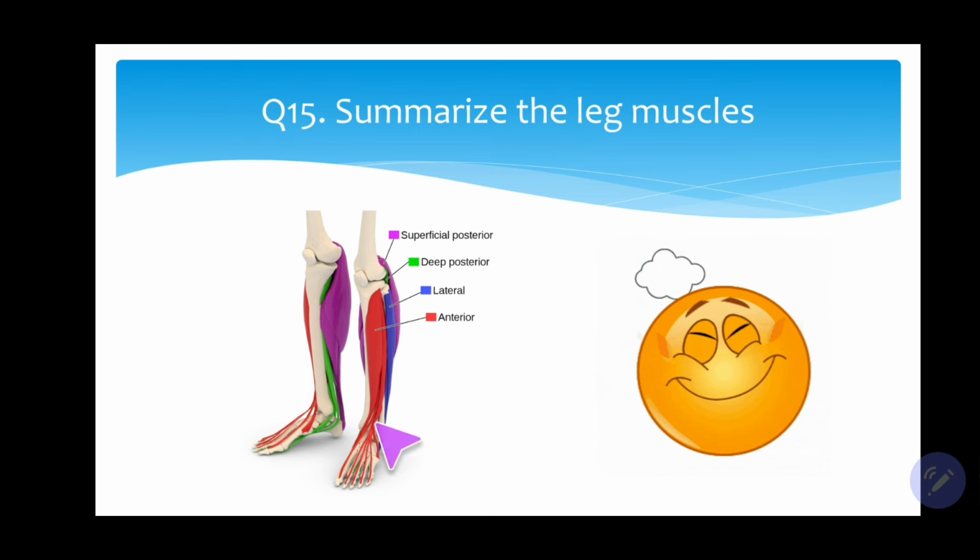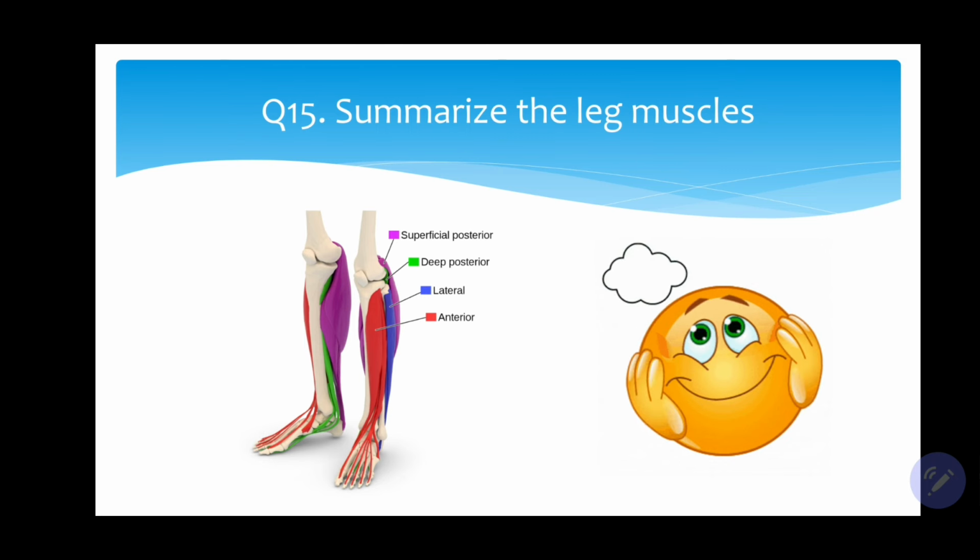So in the front of leg there were 4 muscles, right? And all of them were primarily extensors, dorsiflexors of the foot, and the muscles were Tibialis Anterior, Extensor Hallucis Longus, Extensor Digitorum Longus, and Peroneus Tertius.